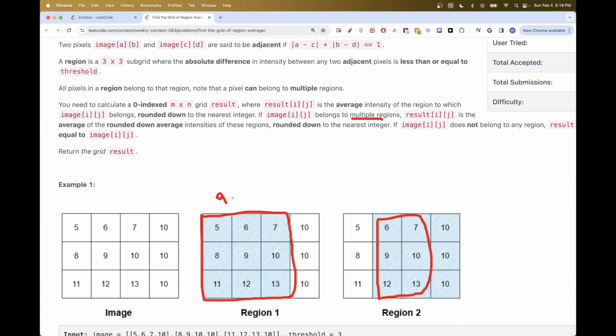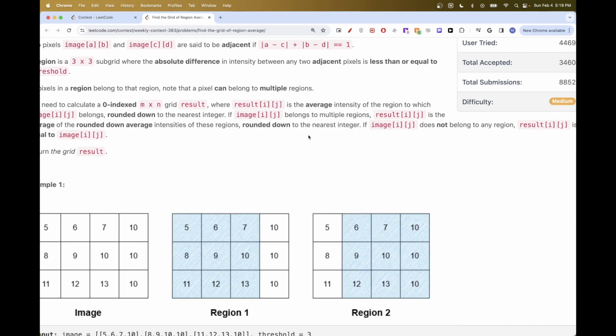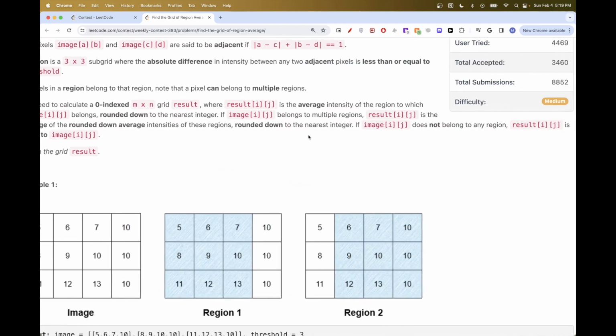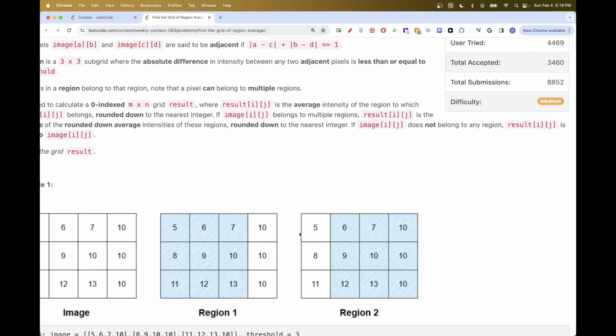So we need to take the rounded down average of region 1, the rounded down average of region 2, and then take the average of these two, okay? And then when we take the average, that's going to be the value for each of these common cells, okay? So that's the idea.